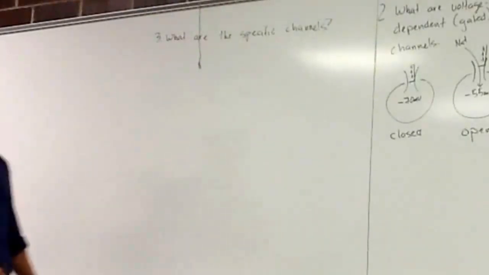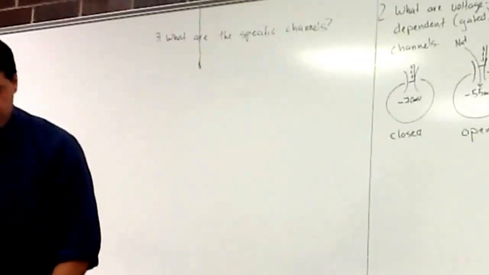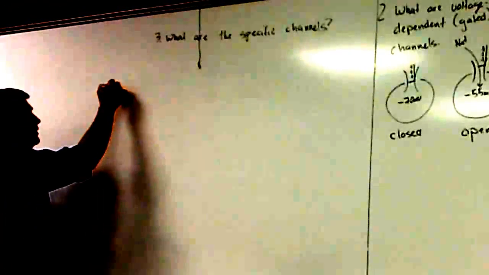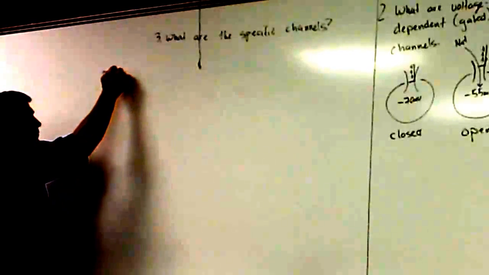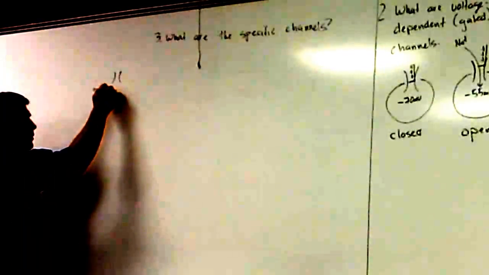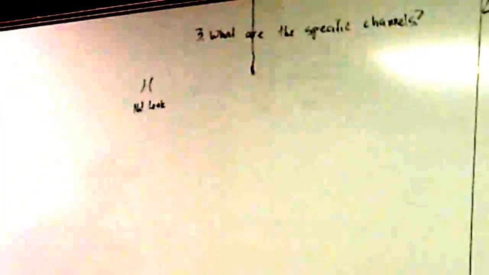Now, I just went through this whole thing about voltage-dependent channels, and I'm going to mess it up, because the first channel I write on the board is technically not a voltage-dependent channel. And I'm going to write this really small. I'm going to write this as a sodium leak channel. So we'll do name here. We'll do when it opens.